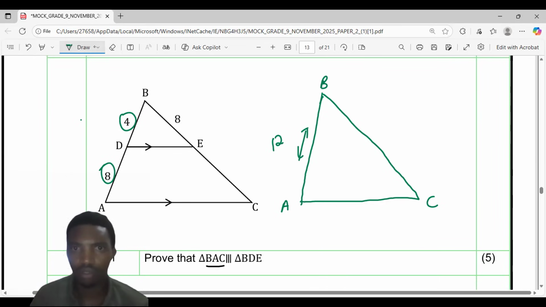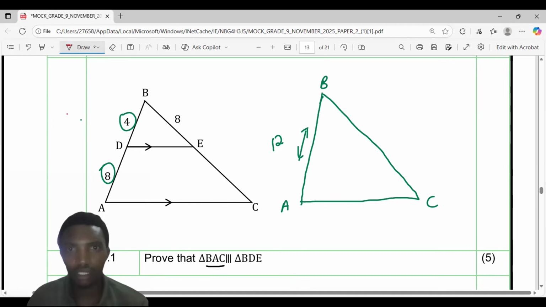Is there anything else we know? DE is parallel to AC. That's all we can say we know. And then we have another triangle. The other triangle is that small one, and I will use a different color as well.